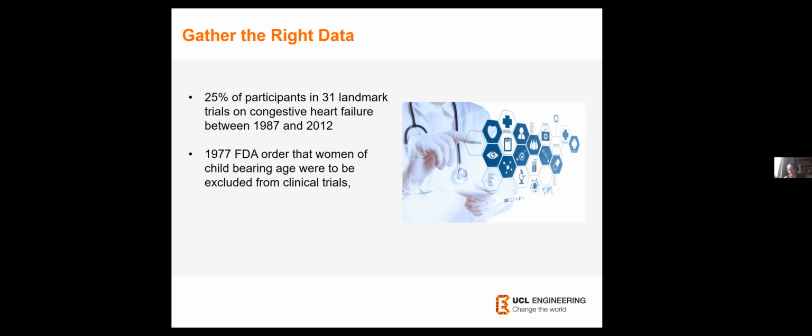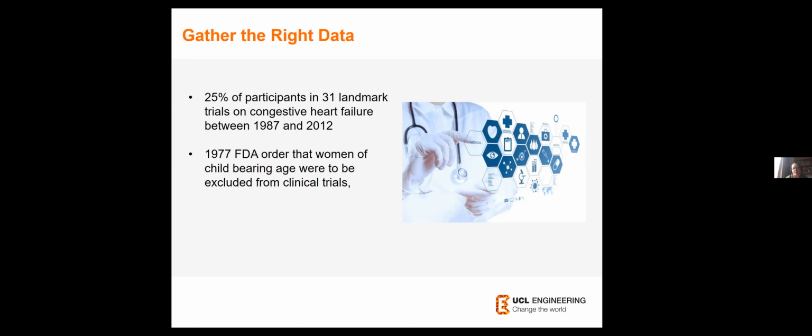This one I find fascinating. In 1977, the FDA ordered that women of childbearing age, so probably from about 18 to their 40s or 50s, were to be excluded from clinical trials. This means there is no data set on medicines for women aged 18 to say 50. They're just not included from 1977.